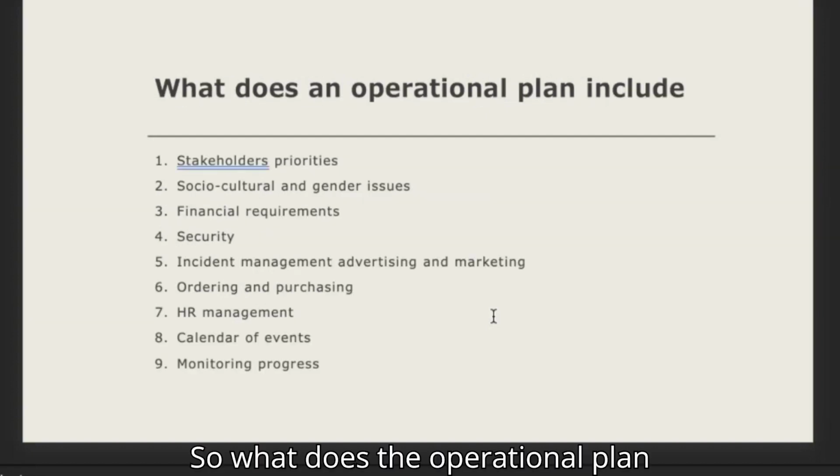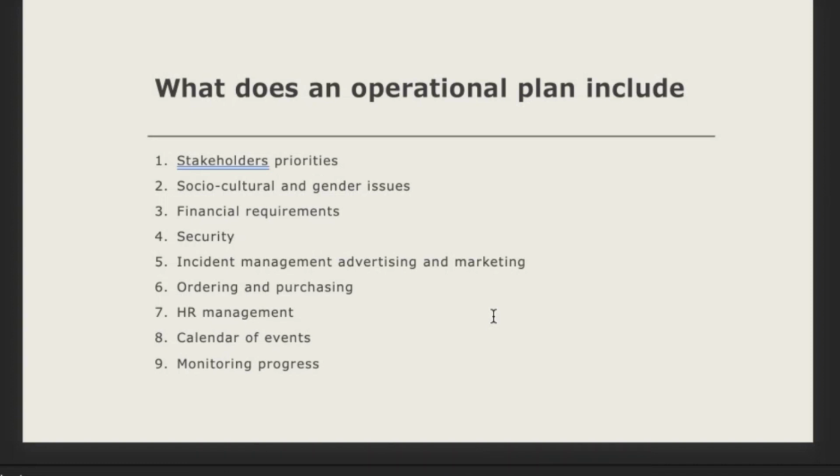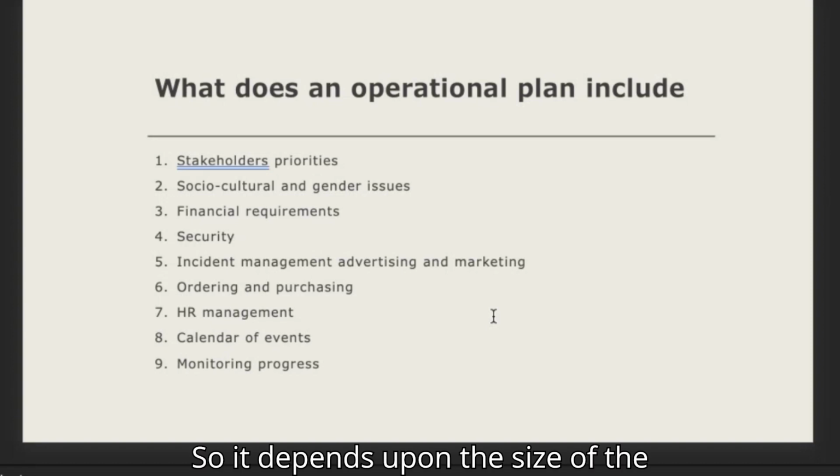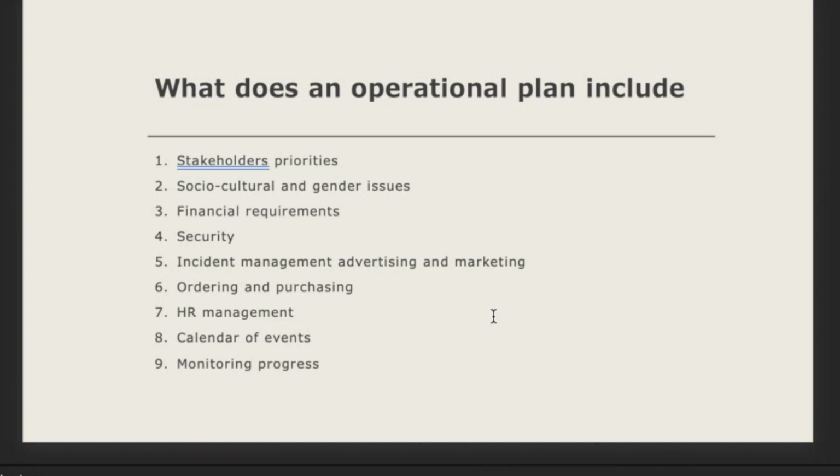So, what does an operational plan include? It depends upon the size of the business and also the size of the project, whether it is long term or short term, we decide on it.